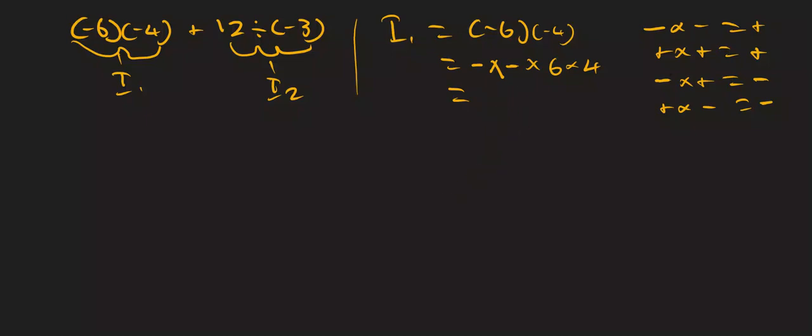Because for us to write it, it's implied by the space. Now we have 6 times 4. 6 times 4 is 24. That's part 1. Part 2 is 12 divided by negative 3. For now, I won't specifically teach you how to divide. That's for the next video.